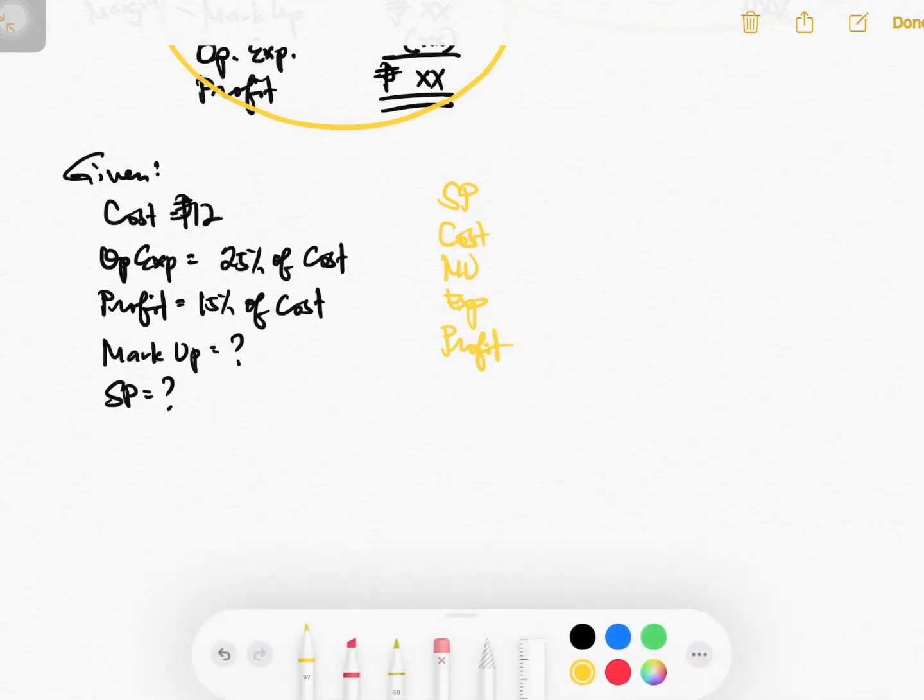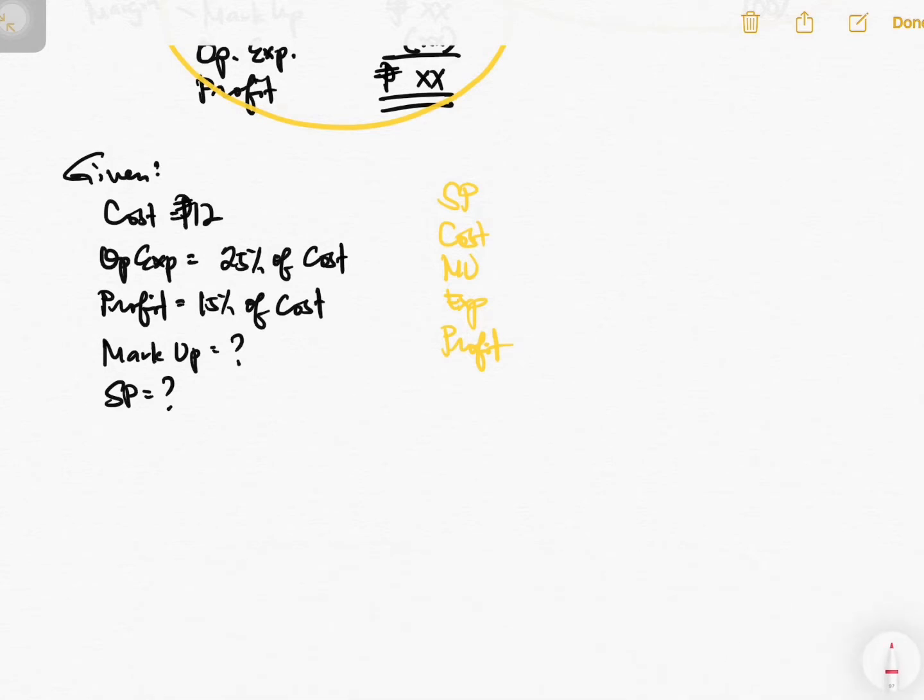Okay, cost is 12, so write 12 here. And then operating expense is 25% of cost, meaning cost is 100%. And then for profit, it's 15% of cost. And since the basis is still the cost, this is okay.